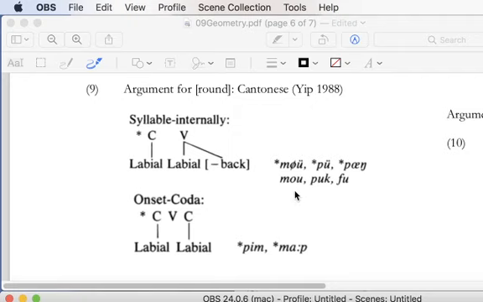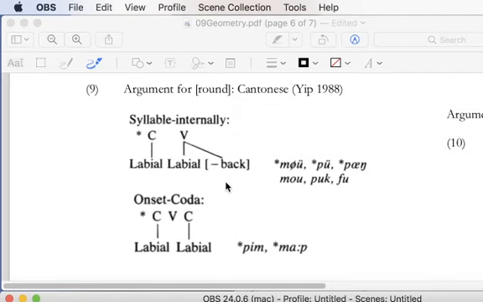Right? So you can get labial consonants before back-rounded vowels, but you can't get labial consonants before front-rounded vowels. So Yip is going to assume that rounded vowels have a labial feature just like labial consonants do. We'll see why in a minute.